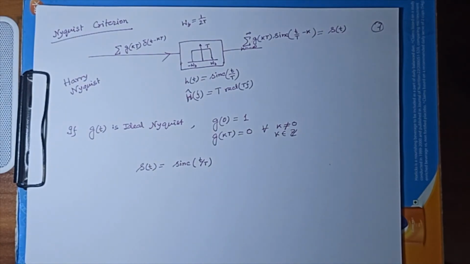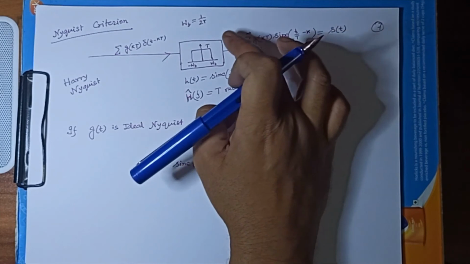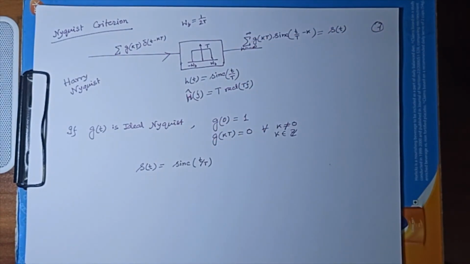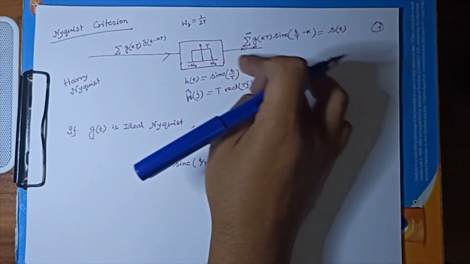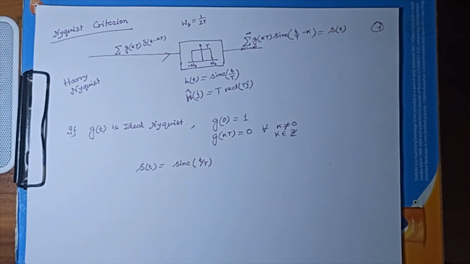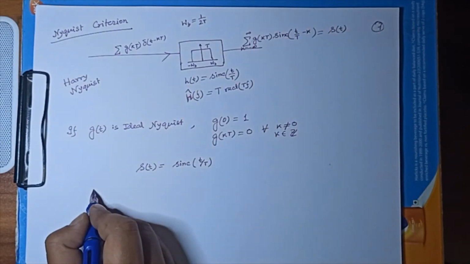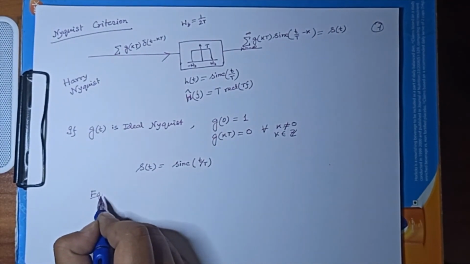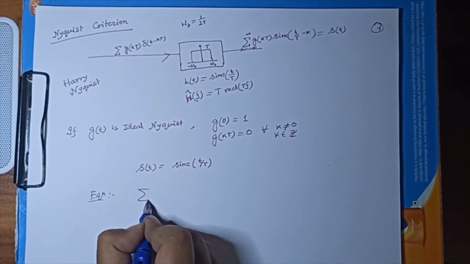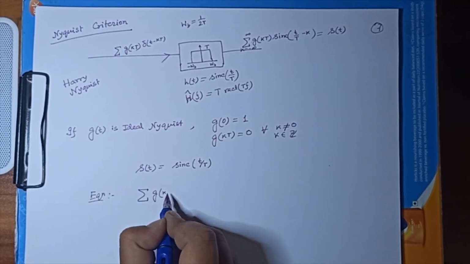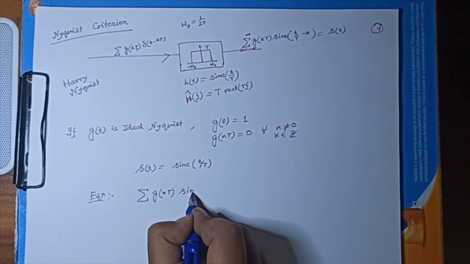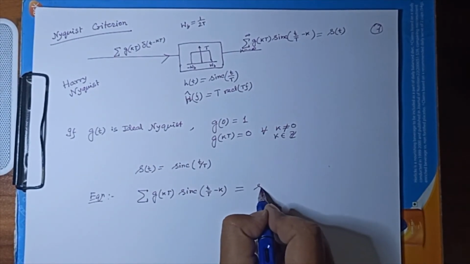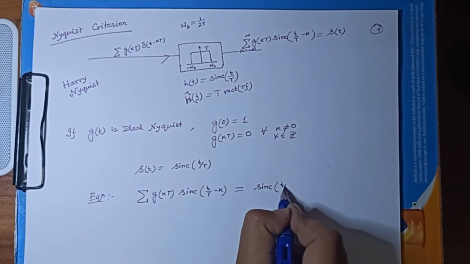So you have a nice equation: on one side you have this sum, and on the other side it is only sinc(t). Take the Fourier transform of this as well as this. If it is ideal Nyquist, then you have the corresponding equation, that summation g(kT) sinc(t by T minus k) is equal to sinc(t by T).